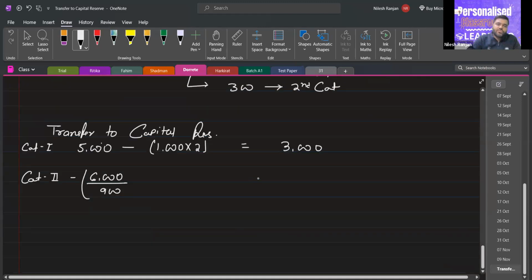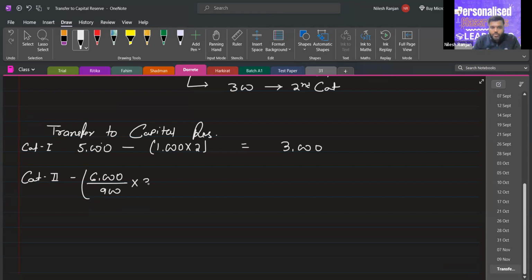So he paid 6,000 divided by 900, into the reissued number of shares, 300, and the discount is 300 into 2, so 600. 2000 minus 600, it is 1400. Is this clear?